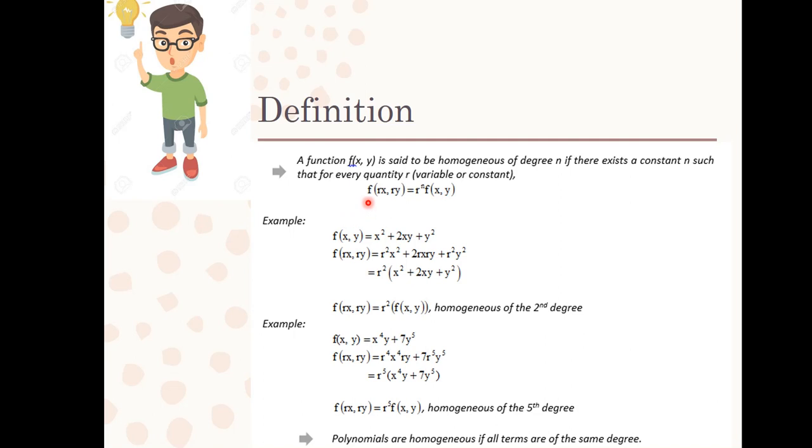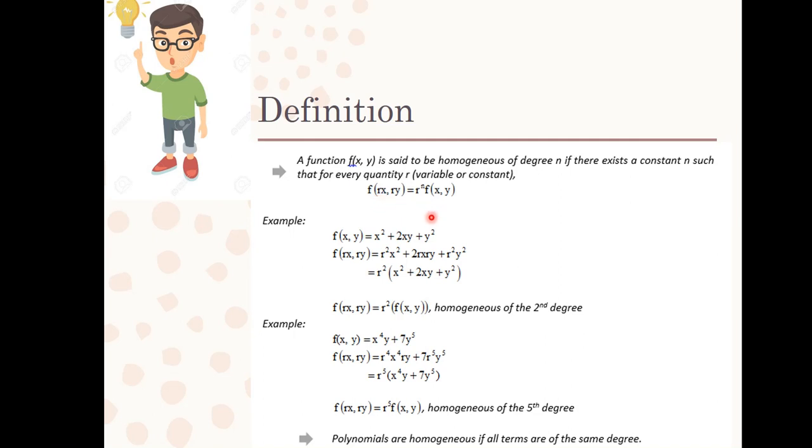Now, this function of rx and ry is to be interpreted in a manner that your variable x should be changed to rx and your variable y should be changed to ry in your given function. After that, you try to factor out the common factor of r in all the terms of your function after you have changed all your variables.